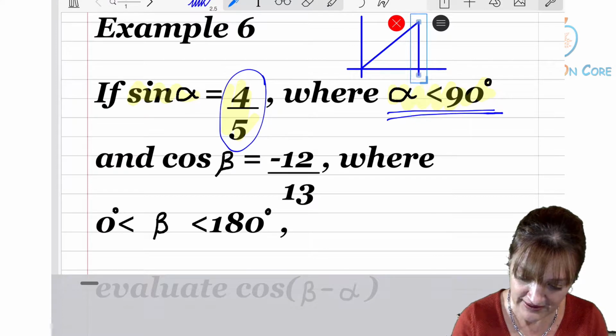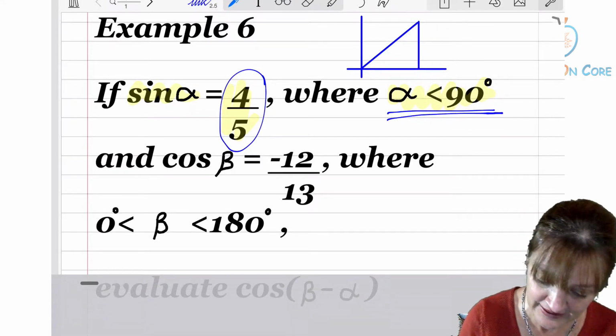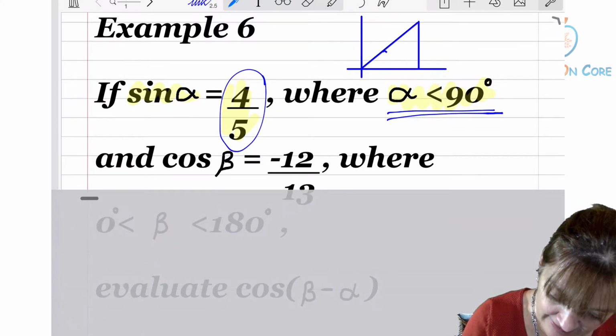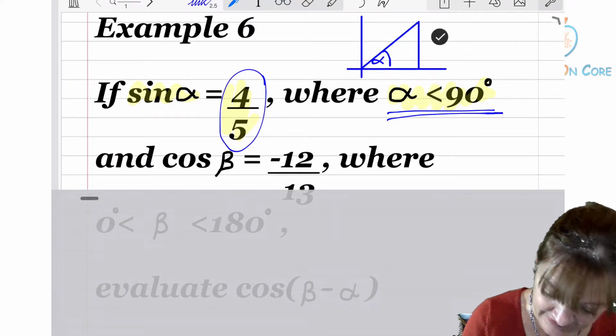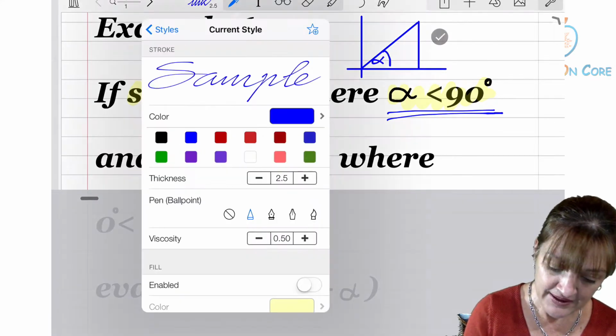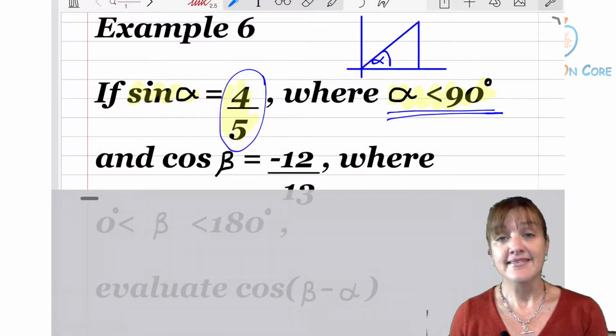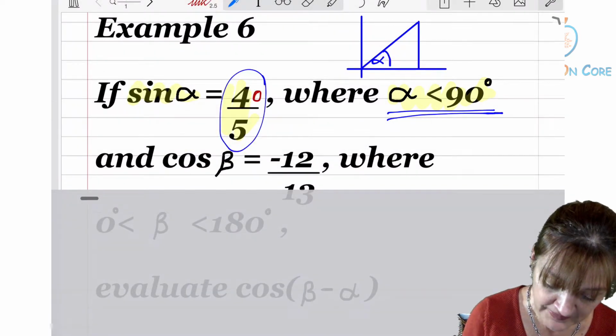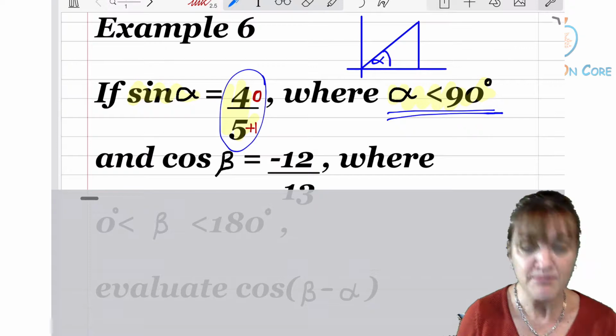You can see I've got my little right angle triangle there, and we've got the angle of alpha in standard form. Now remember, sine is the ratio of your opposite side over your hypotenuse side.